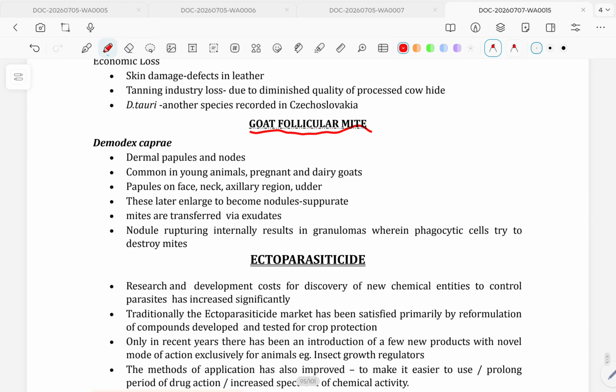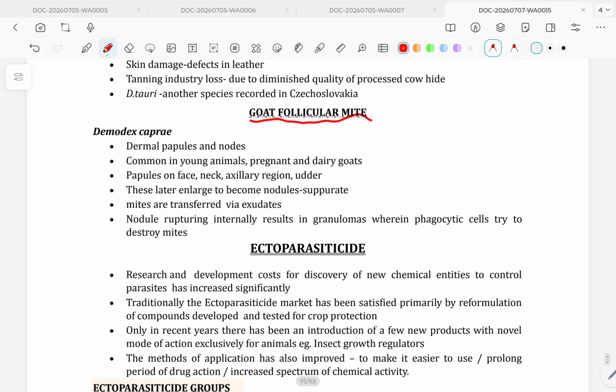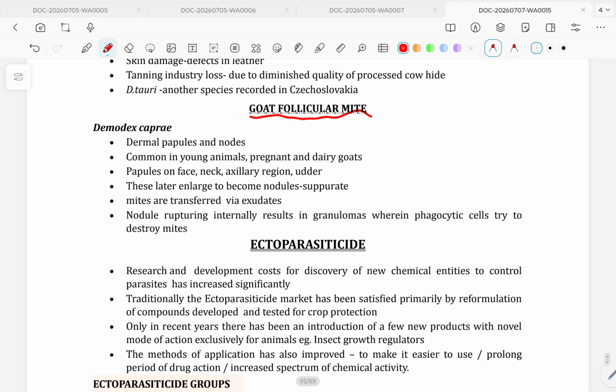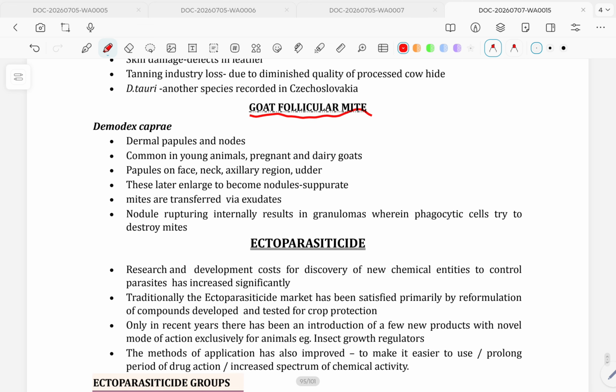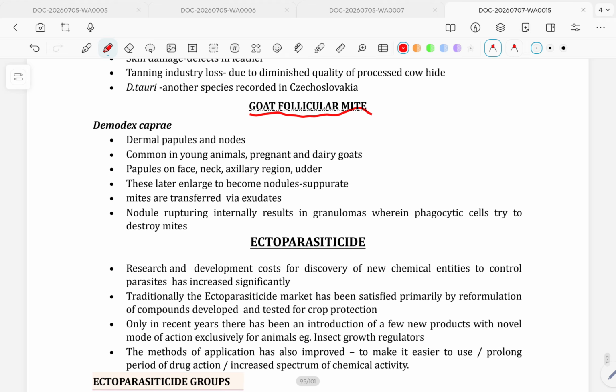Papules on face, neck, axillary region, and udder later enlarge to become nodules and suppurate. Mites are transferred via exudate. Nodules rupturing internally result in granulomas when phagocytic cells try to destroy the mites.